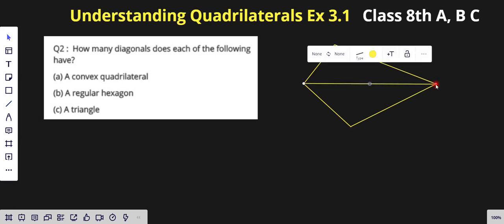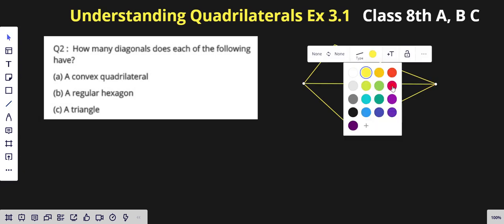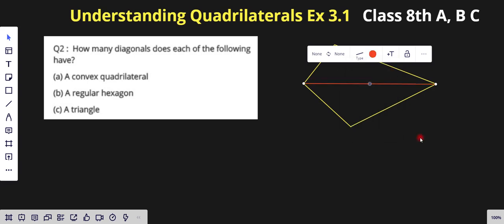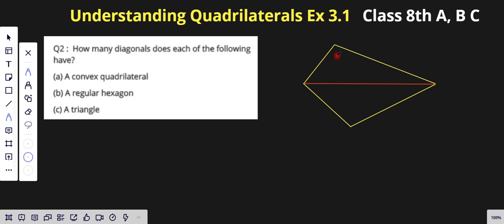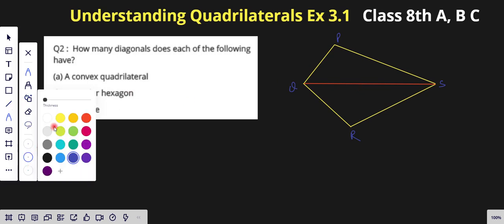So this is one diagonal, and I'm representing it with orange color. So this is the first diagonal. I label these points. Let's say this point is P, this point is Q, this point is R, and this point is S. So PQRS, let's say, is a convex quadrilateral.